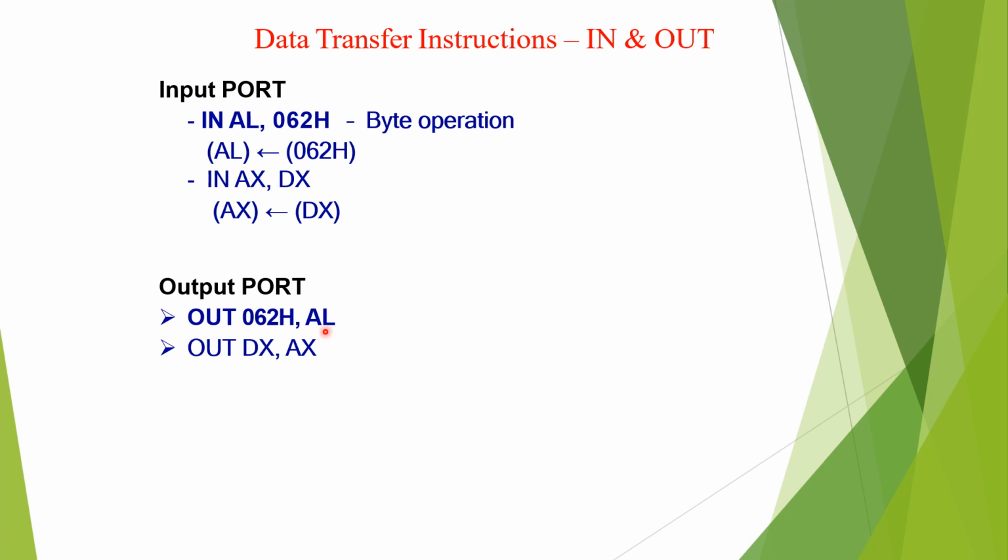AL is a register that has some data, and that data will be copied or given to the port, that is 062, 8-bit port. Out DX, AX in the sense, AX will have data, and that data is moved to the location that is pointed by the DX, that is considered as an output port.